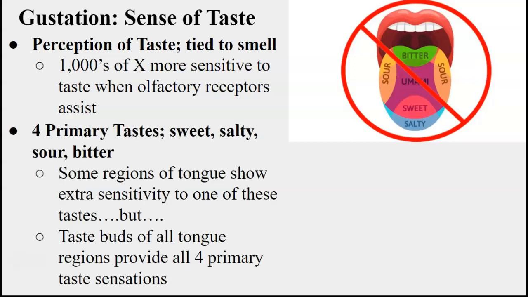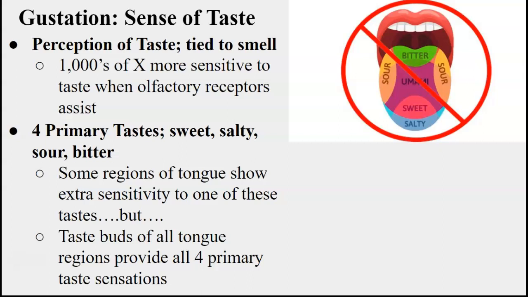And we've learned probably in elementary school, primary tastes are sweet, salty, sour, and bitter. And you may have learned that some regions of the tongue show extra sensitivity to one of these tastes, but that's not the whole story. This tongue map that you may have learned about in elementary school could be wrong.